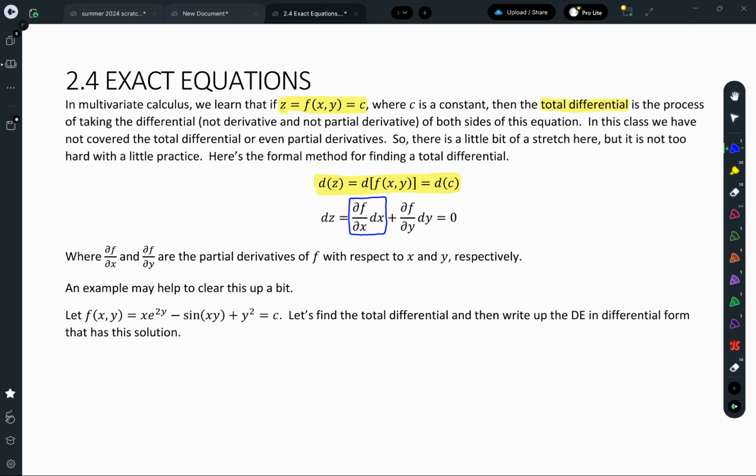So when we take the partial derivative of any function with respect to just one variable, the result that we get won't make it obvious that we just took a derivative with respect to x. It'll just be some function in there. So the dx is like our indicator, right? So we find the partial derivative with respect to x and then dx. And then we run through the function one more time, but now we only consider y.